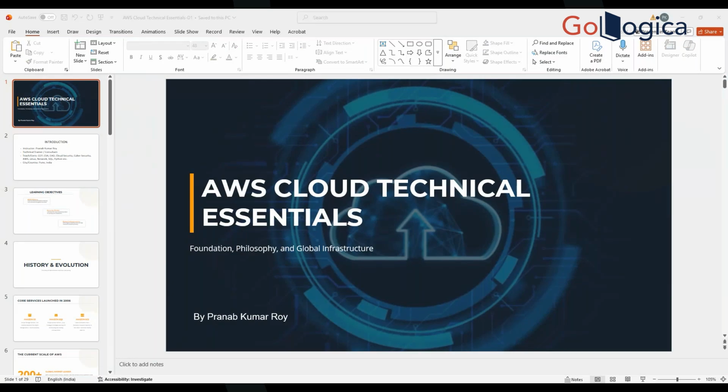So, here we go. Today's learning objective: we will be getting into AWS history, how everything started, and how they started delivering their cloud computing services. Then we will get into the security model, so how the responsibility in the cloud is divided among the providers and the subscribers, that is the customer.